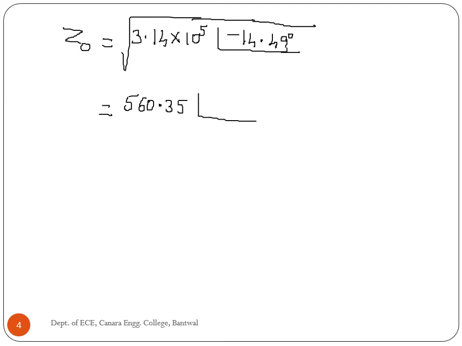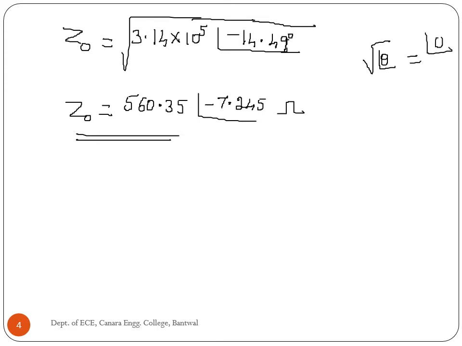Square root of angle minus 14.49 degree is minus 7.245 degree. So Z0 is equal to 560.35 angle minus 7.245 degree ohm. Square root of angle theta is theta by 2.